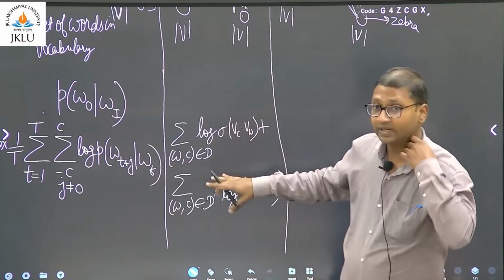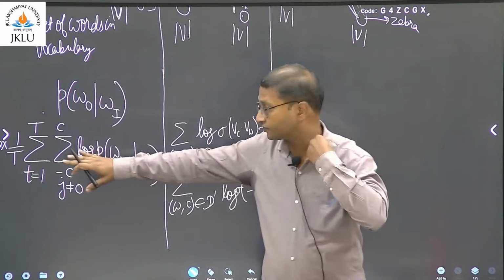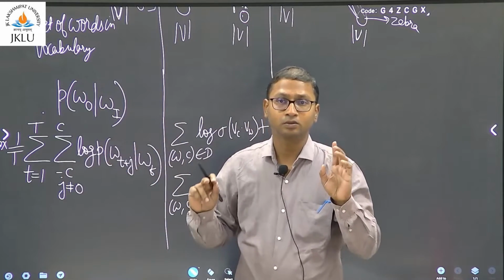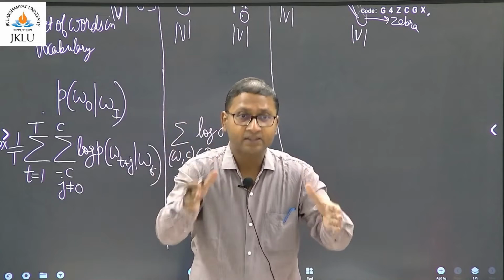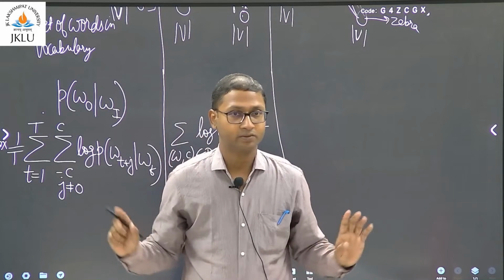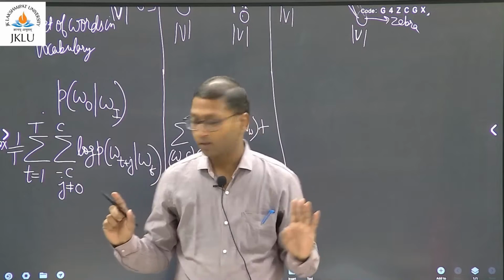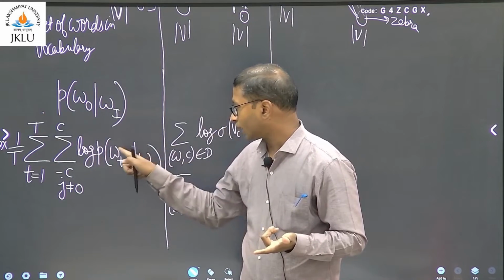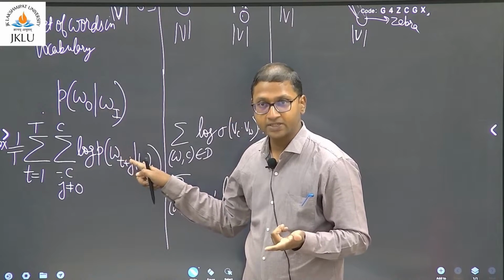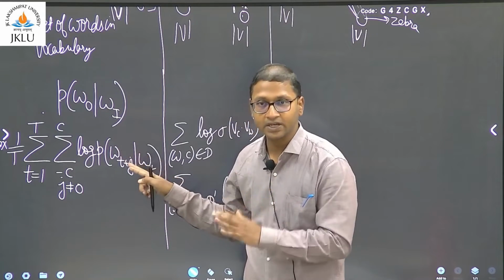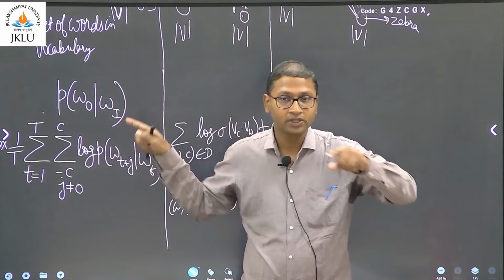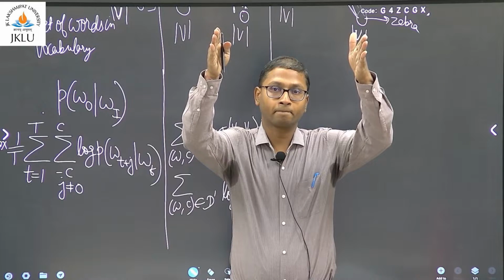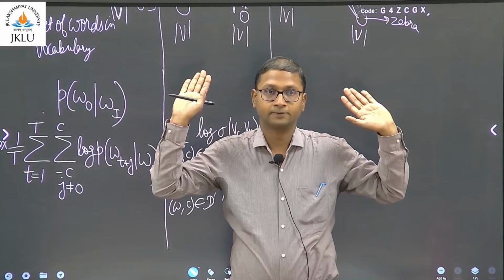I don't want you to see it in these terms because I prefer this one. So this P is being replaced by what? 10,000 sigmoids. Okay. So this log P of w t plus j given w t, this whole thing gets replaced by 10,000 sigmoids. Any issues here?